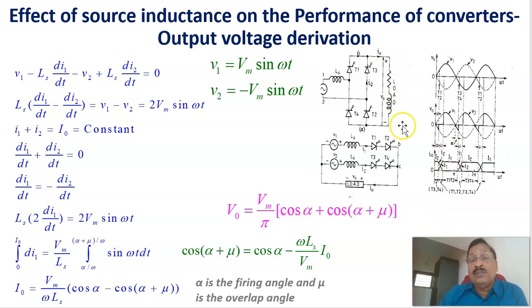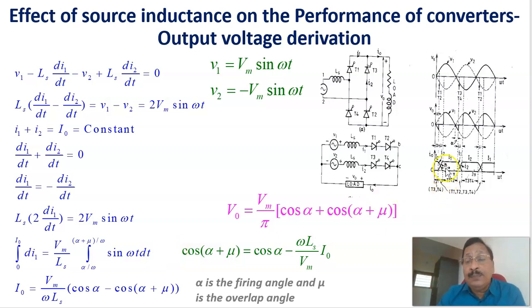Actually, for this load current, we are assuming I0. Therefore, here 0 to I0, the change in current di1, from this equation, is equal to Vm by Ls integral of sin omega t dt.